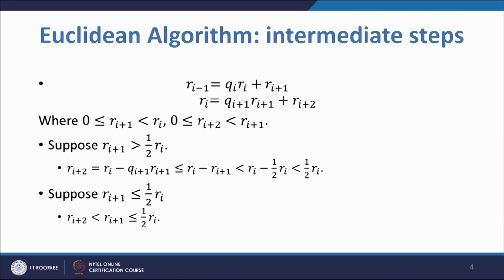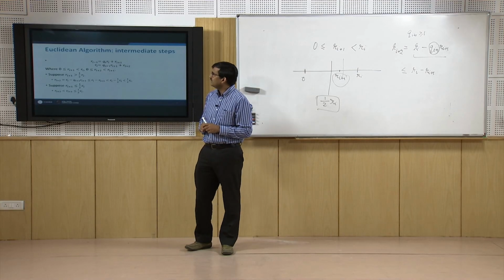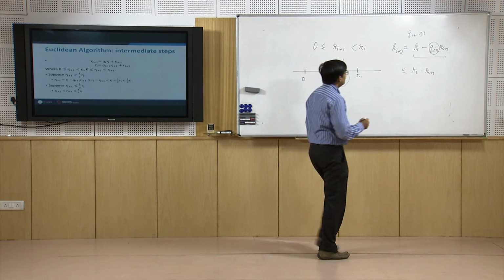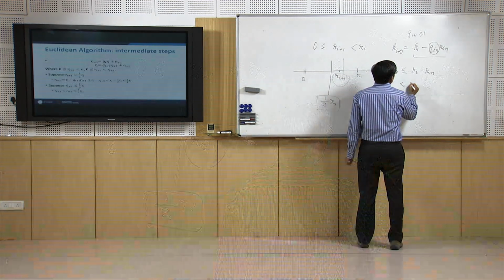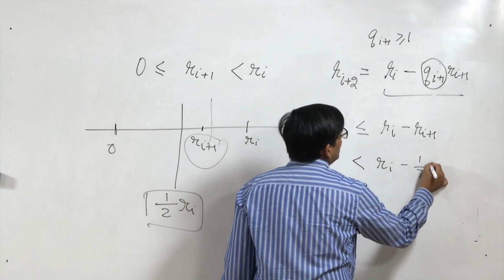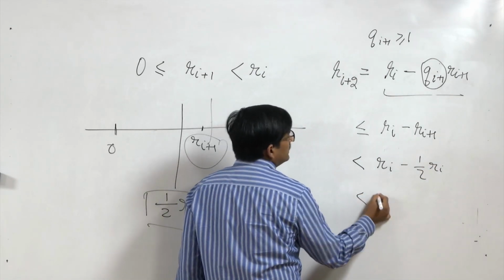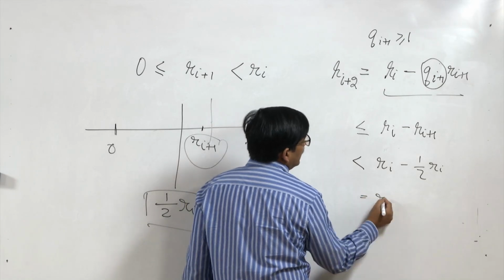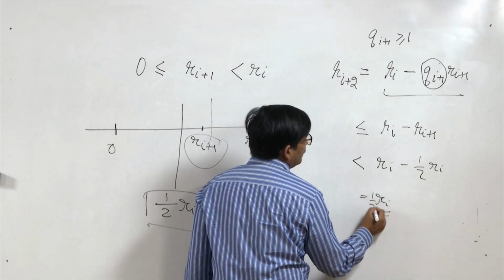Therefore, eventually we will come to a scenario like this, that Ri plus 2 is strictly less than half of Ri. So here I will have a strict inequality, 1/2 of Ri.